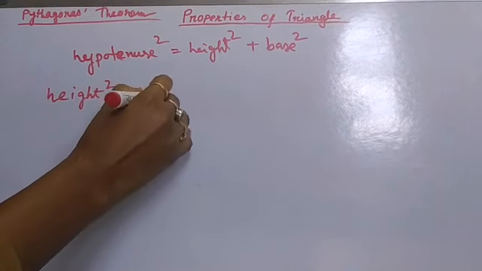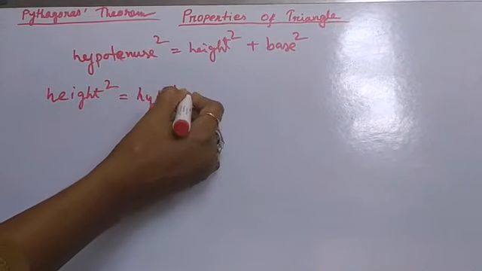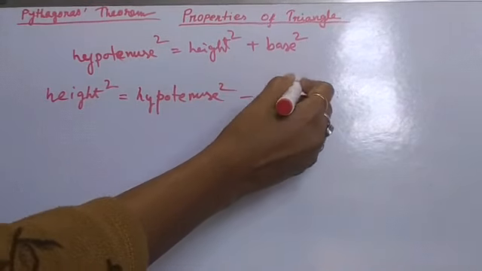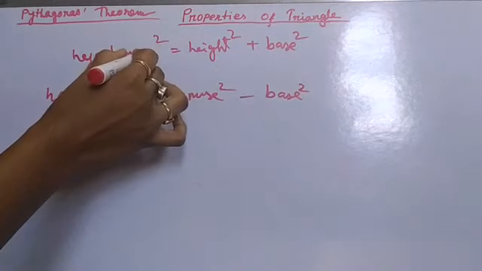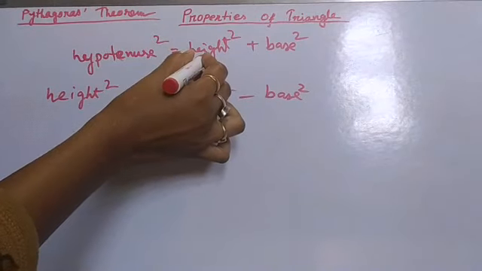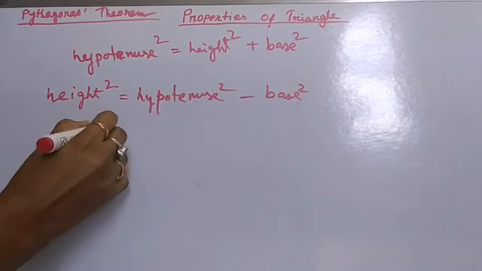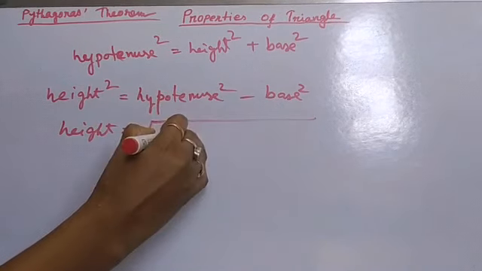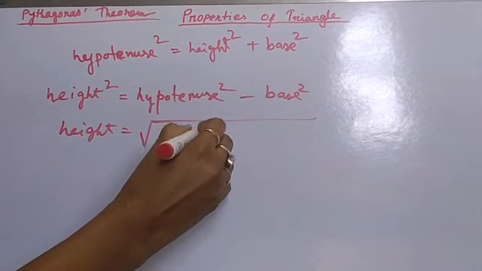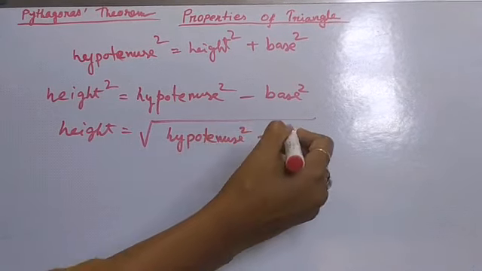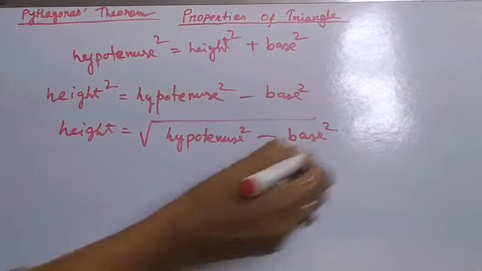Hypotenuse square minus base square. Base square will go to this side, height square will be alone, then height equals root over hypotenuse square minus base square.